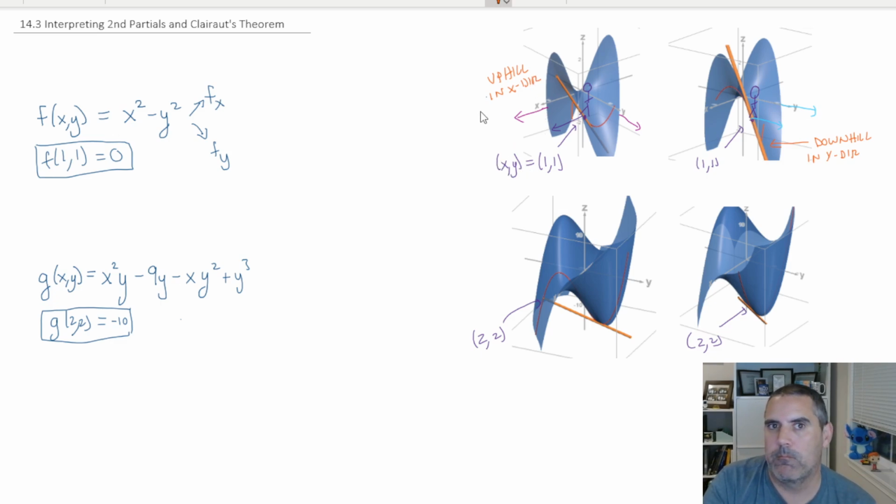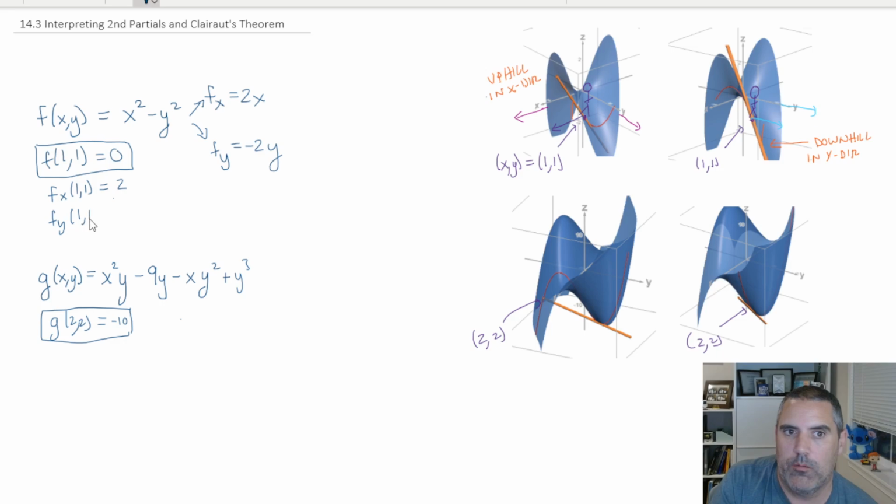That's what we mean. So when you compute the first partial, that's asking the rate at which your height is changing with respect to x. This is going to be the derivative if y is kept fixed. This is the derivative if x is kept fixed. If you plug in 1, 1, for instance, then you get f of x of 1, 1 is equal to 2, and you get f of y of 1, 1 is equal to negative 2.